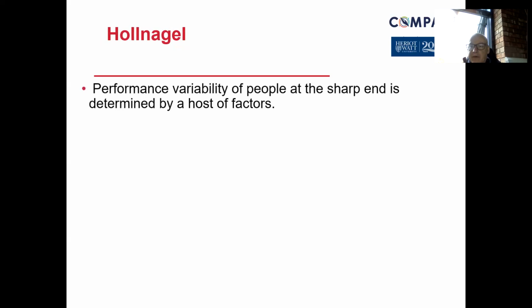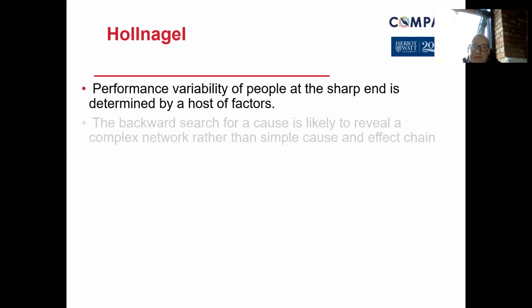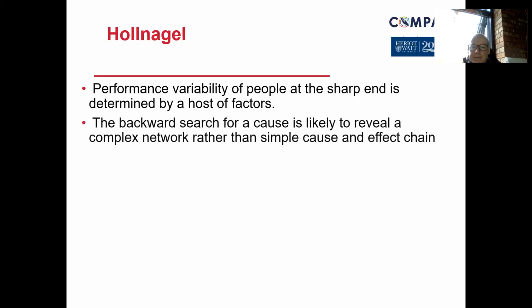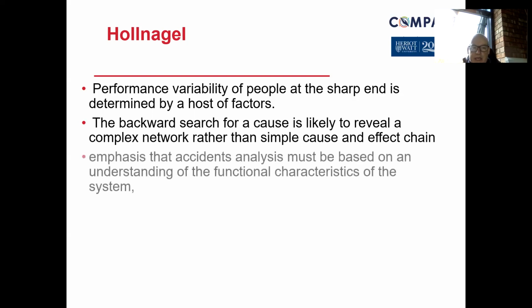Performance variability: rather than going in a straight line, we ought to be able to interpret what those variables are. At the sharp end, those people are determined by a host of factors. The backward search for the cause is likely to reveal a complex network rather than a simple cause and effect chain.